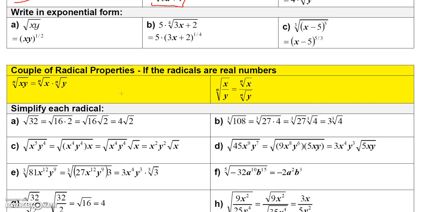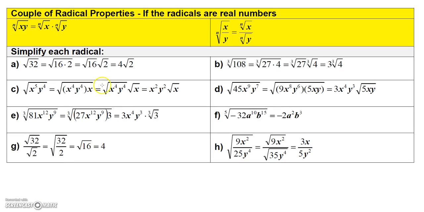A couple of radical properties come in handy, and this only works if the radicals are real numbers. So we'll deal with that later if it comes up. Okay, so the nth root of xy is actually equal to the nth root of x times the nth root of y. So where that's helpful is if I have the square root of 32 and I want to simplify that.